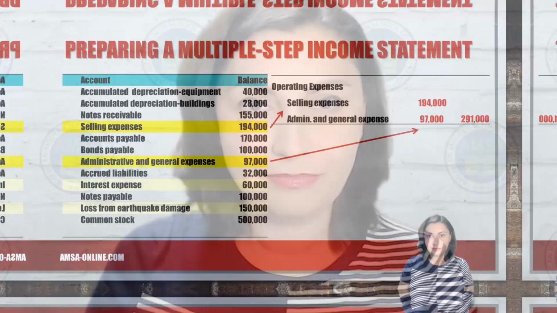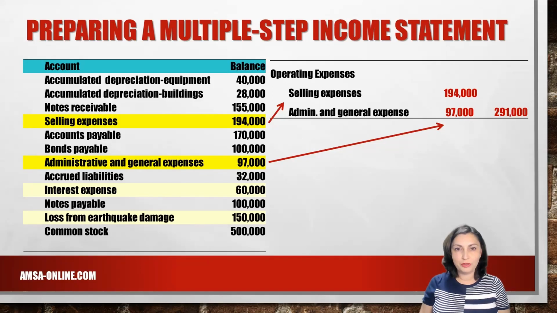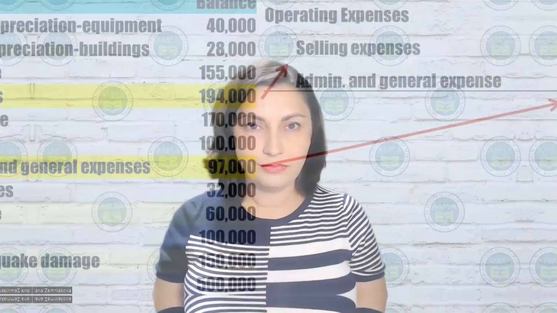In other words, operating expenses are the costs a company must incur to perform its operational activities. Operating expenses include selling, administrative, and general expenses. In our example, we include selling expense and administrative and general expense in the operating expense section. The total operating expenses are $291,000.